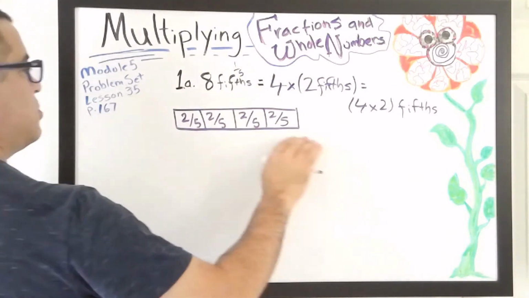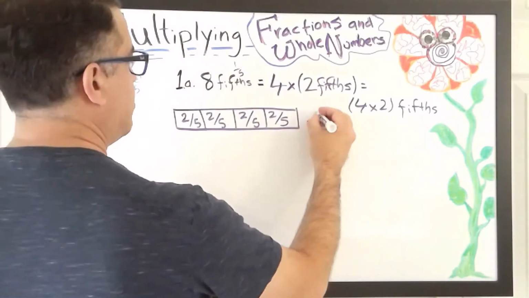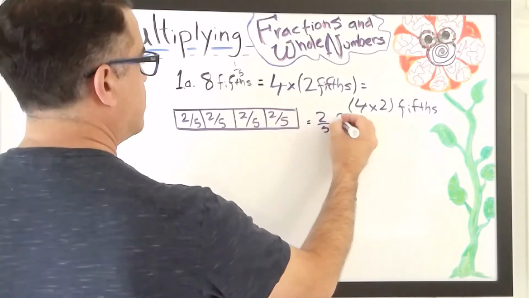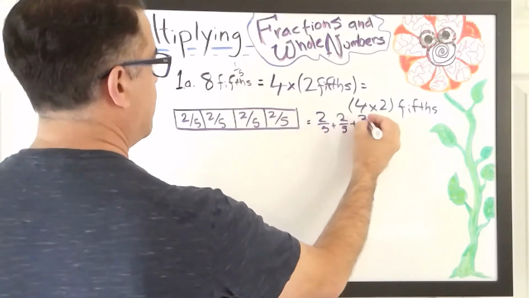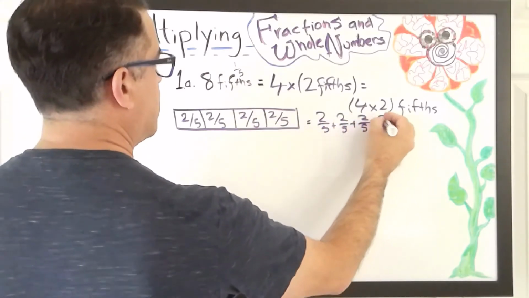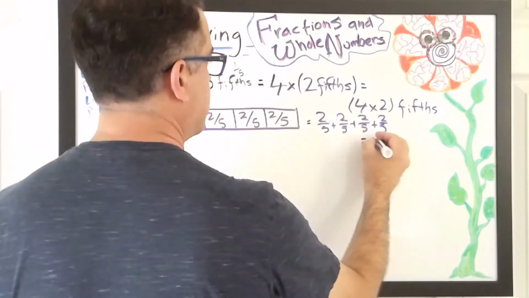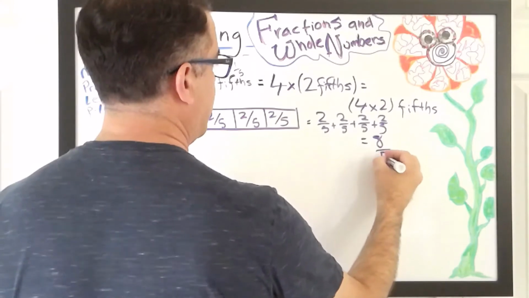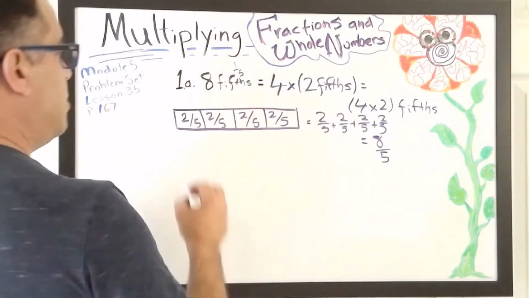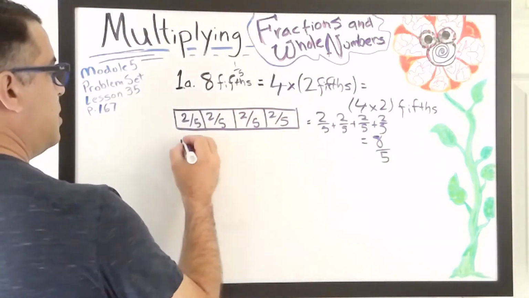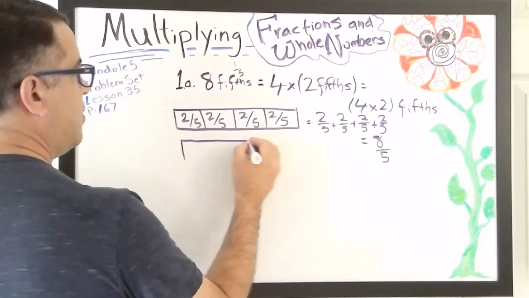If I have 4 2/5, that also equals 2/5 plus 2/5 plus 2/5. There's your repeated addition. And if I add all these up, I get 8/5. Alright? Another way of doing this is you could have said 8/5.